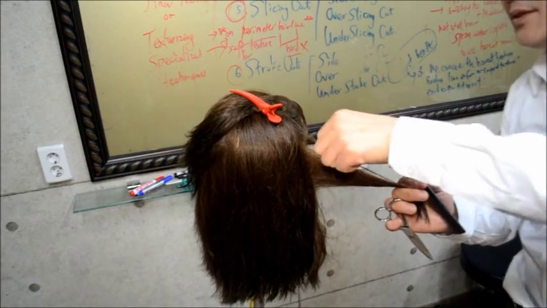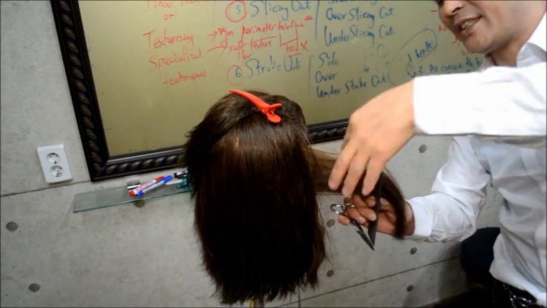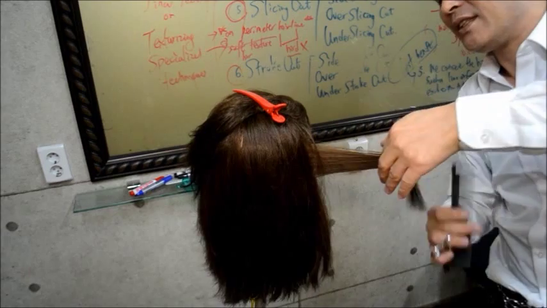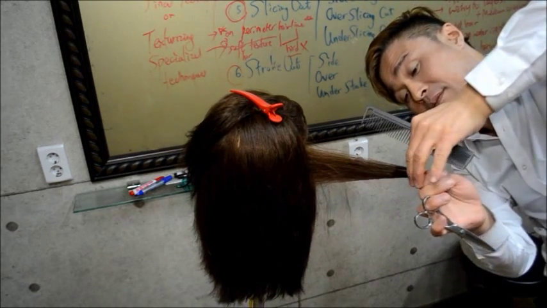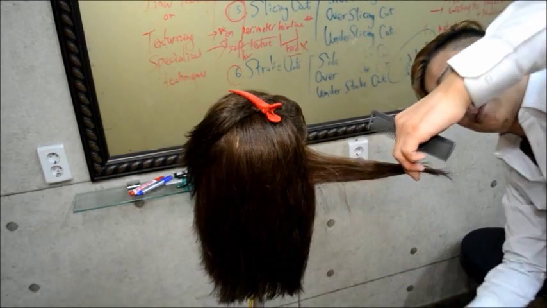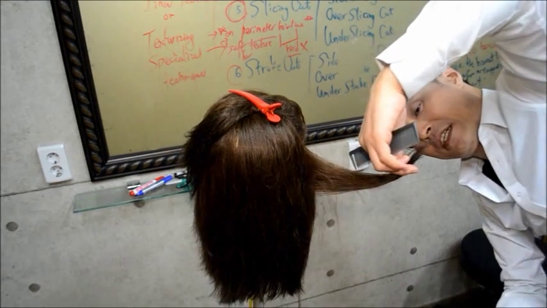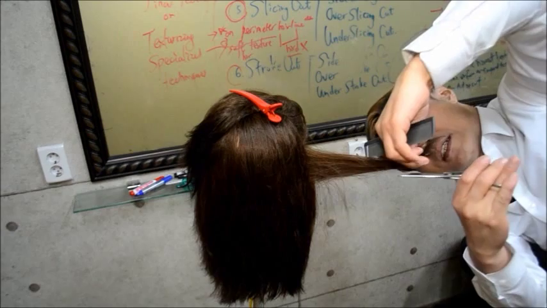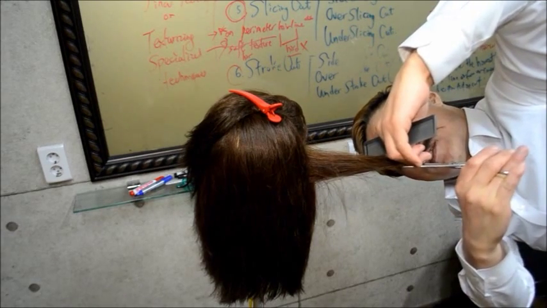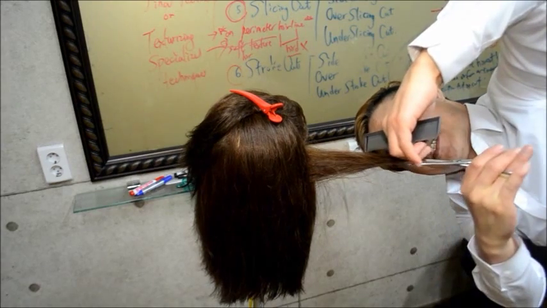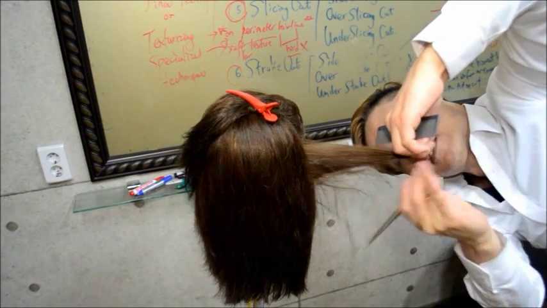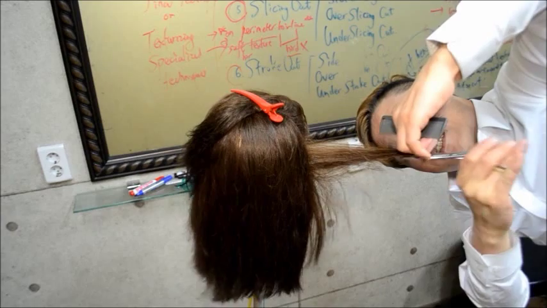And now under slashing, under stroke. This time turn like this and place the scissors. Also please open the blade, cut and turn.